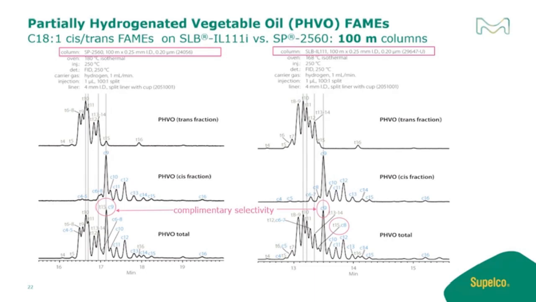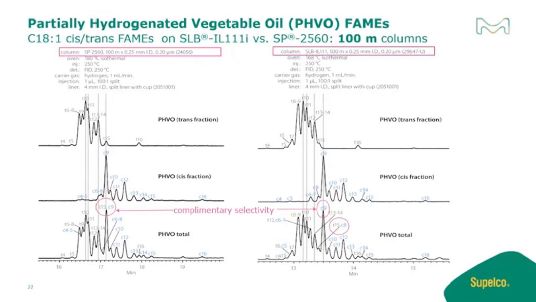The total chromatogram is on the bottom part of the slide, where we have the partially hydrogenated vegetable oil. The top two is where we've done some silver ion solid phase extraction and separated out the trans fraction from the cis fraction, so we can see the difference in the elution pattern between the SLBIL111 and the SP2560.